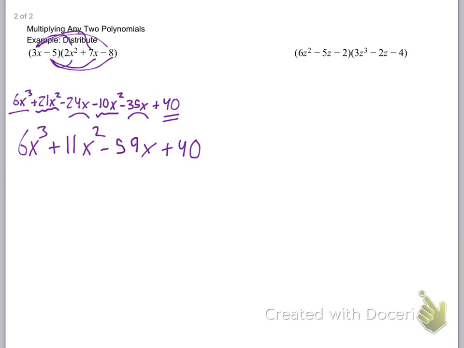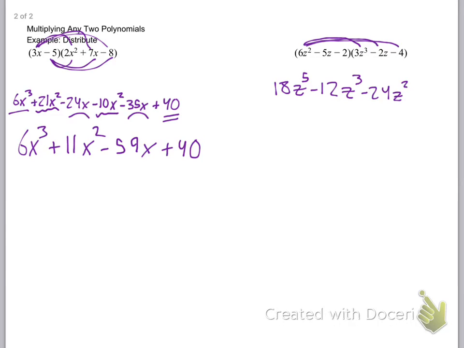So, we should have 6z squared times 3z cubed, which ends up being 18z to the 5th, 6z squared times a negative 2z, negative 12z cubed, 6z squared times negative 4, negative 24z squared, okay.